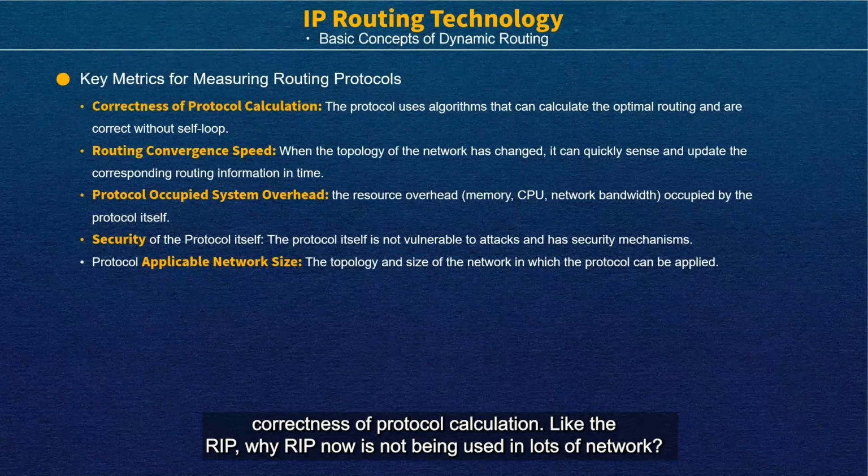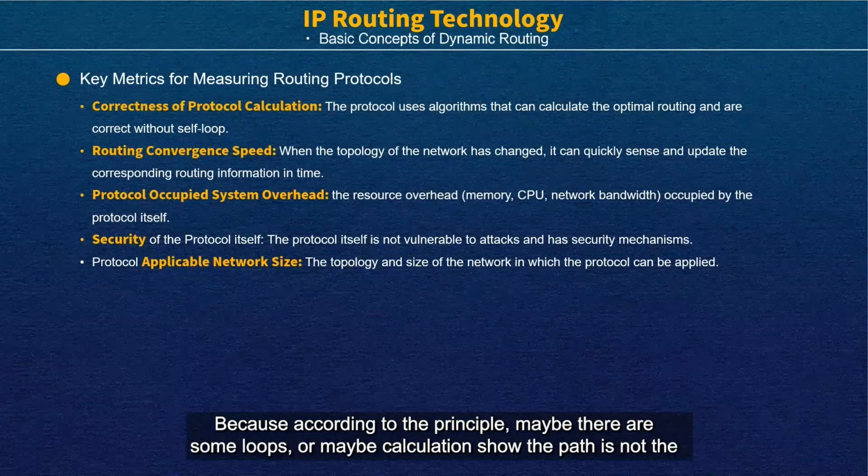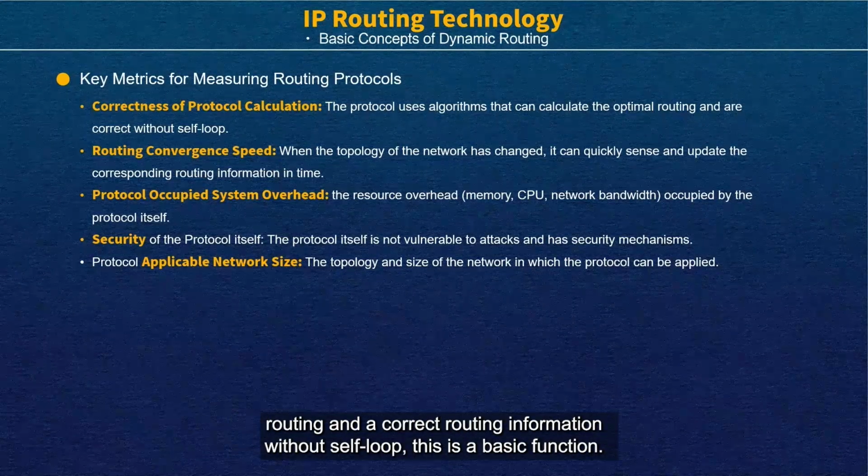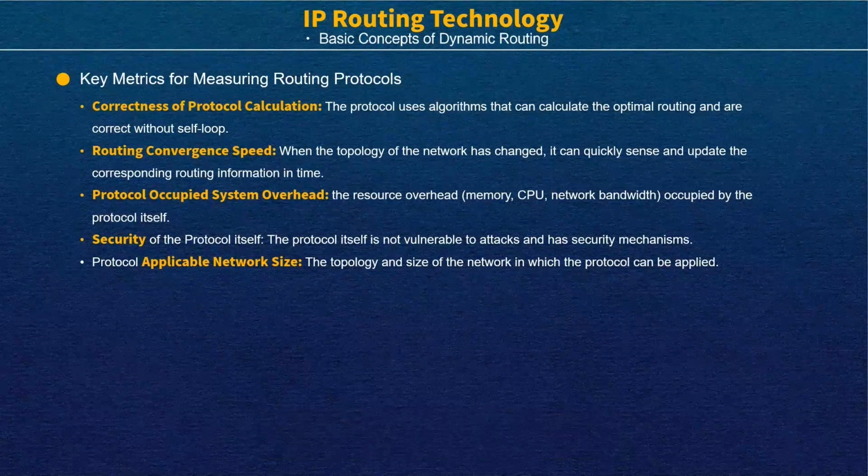Why is RIP now not used in lots of networks? Because according to the principle, maybe there's some loop, or maybe the calculated path is not the best path. So we want the protocol, first, to use an algorithm to calculate the optimal routing and correct routing information without self-loop. This is a basic function.